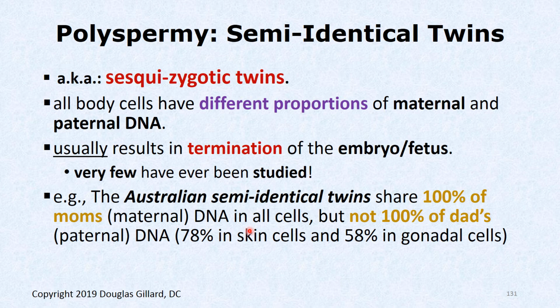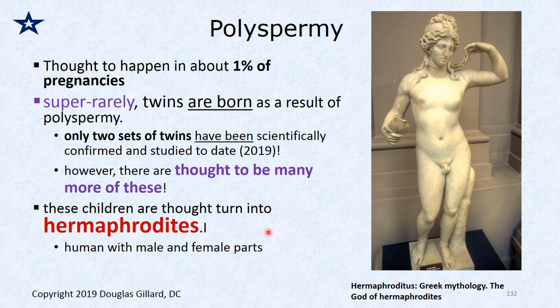There's an Australian semi-identical twin, and based on their genetic testing, 100% of mom's DNA is in all of the cells, but not so with the dads. The two dads both contributed different amounts of DNA to the cells. So in skin cells, 70% of the DNA was from one dad, but 58% in the gonadal cells. And you go to different tissues and you get different mixes. So it's a very, very strange setup.